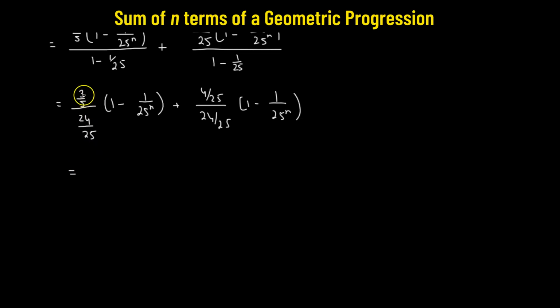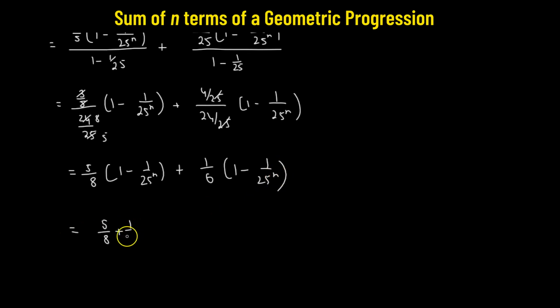We're going to get 3 times 8 is 24 and 5 times 5 is 25. So we're going to get 5 divided by 8 multiplied to 1 minus 1 over 25 raised to the power of n, plus here we have 25 and 25 cancel out, and 4 times 6 is 24. So we have 1 over 6 multiplied to 1 minus 1 over 25 raised to the power of n.